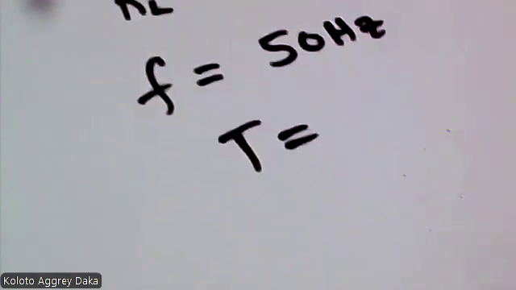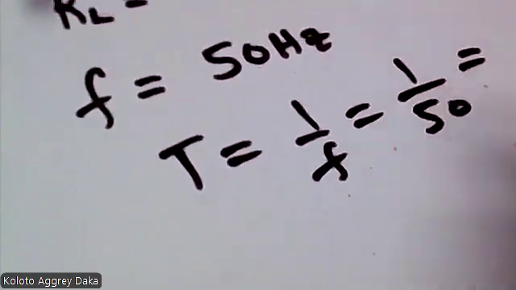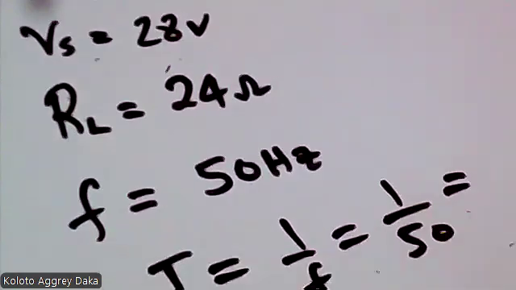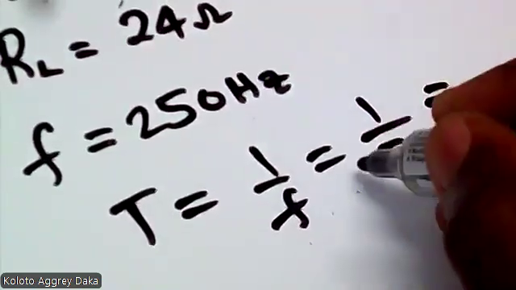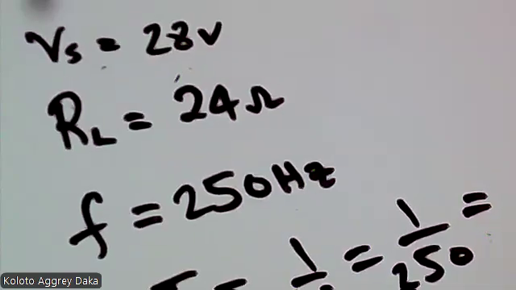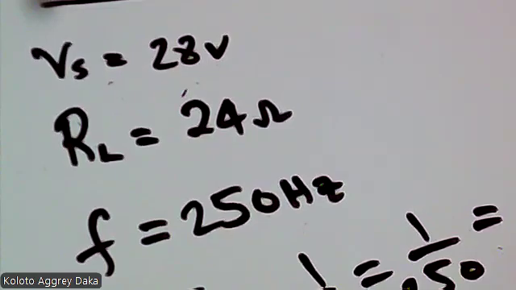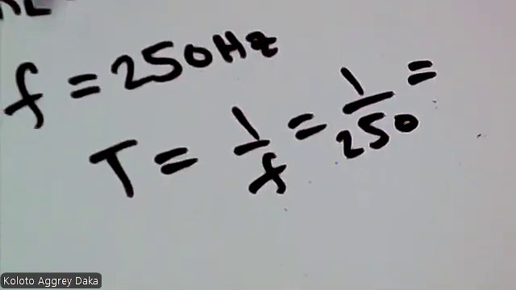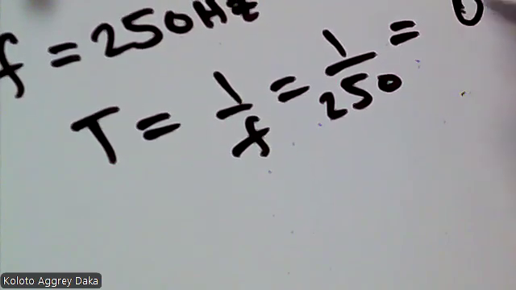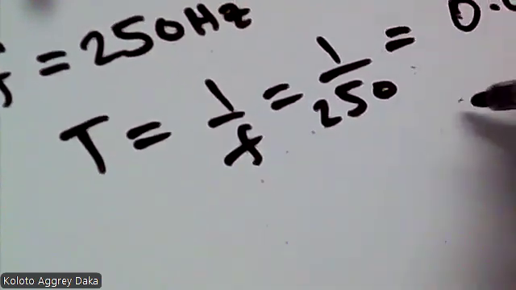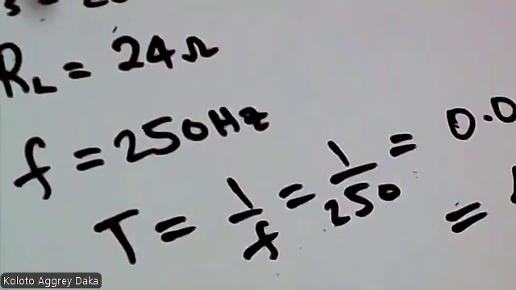When we are given F, the period is 1 over F. So what is 1 over 250? That's 0.004, 4 milliseconds, right? Correct.